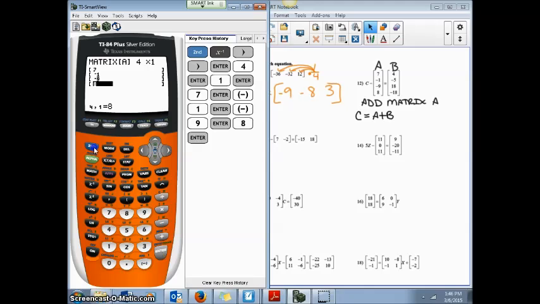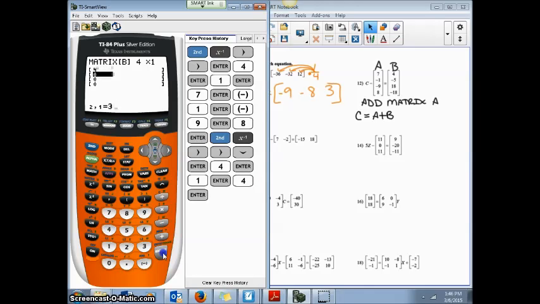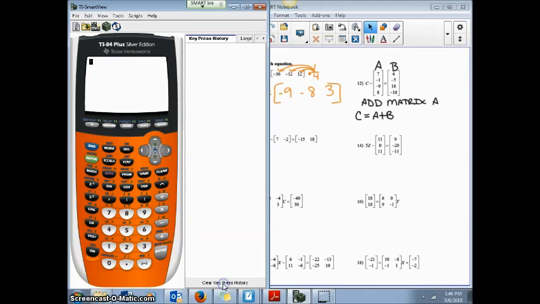And then you're going to go over and do matrix B and change it. Now that one is a 4 by 1 also, so make sure you change the size first and then enter your data. Okay, now that they're both in there, you want to get out of that, go to your home screen. It's easier to clear everything out so that you have a fresh start.